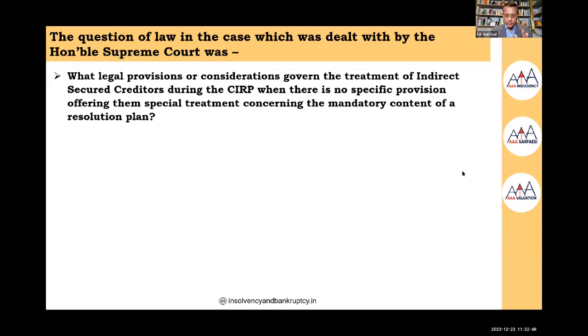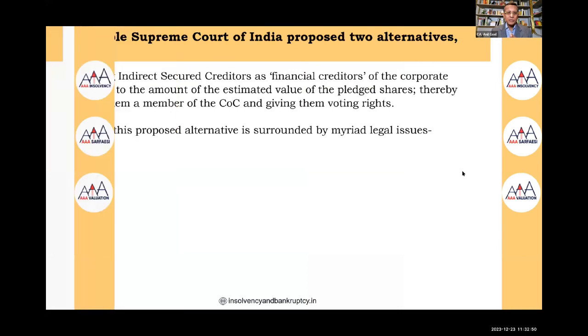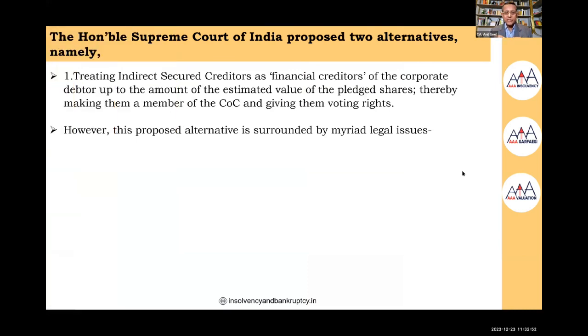Now, there is no specific provision. However, the Supreme Court discusses treating indirect secured creditors as financial creditors of the corporate debtor up to the amount of the estimated value of the pledged shares. That was one option, also discussed in this particular judgment.